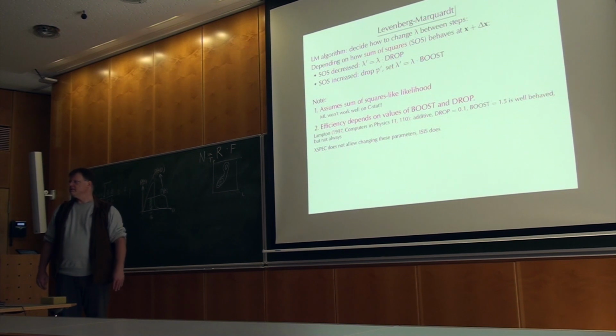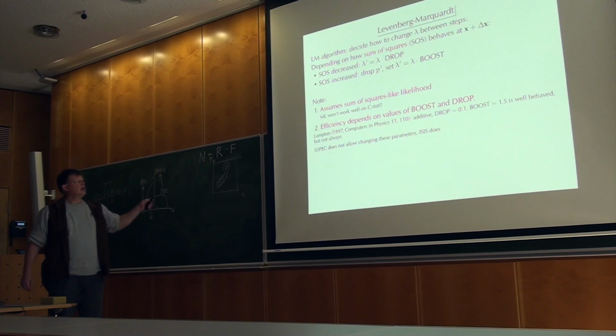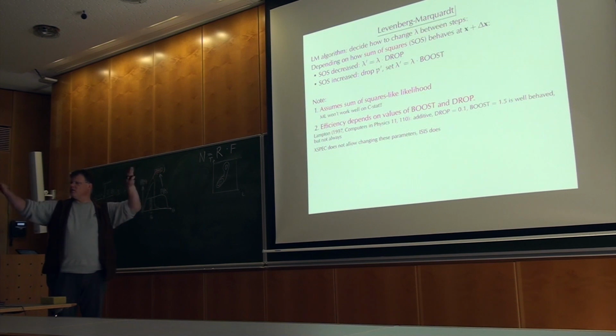This means if you use XSPEC, you have no choice, other than to believe that what Keith Arnaud decided was correct. In other software, you generally have a way to change things. I recommend reading a paper by Lampton from '97 about this, which explains in very nice detail, with very complex minimization problems, how this works.